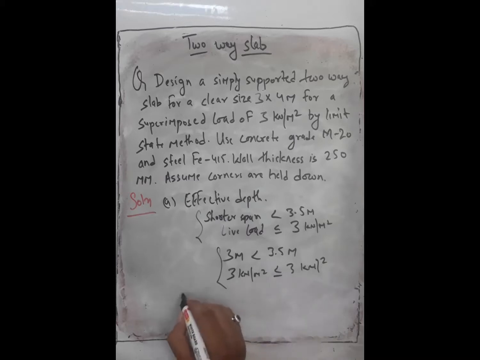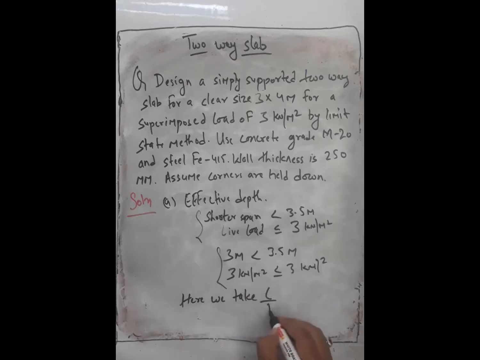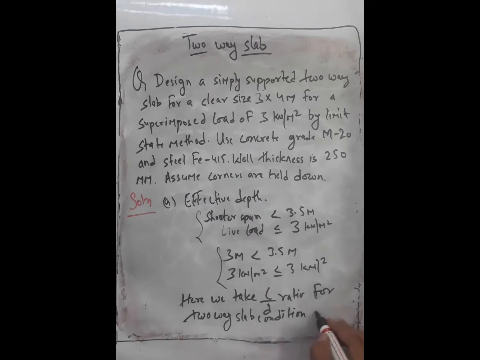So here we take the L by D ratio for the two-way slab condition given on page number 39 of IS 456 2000.